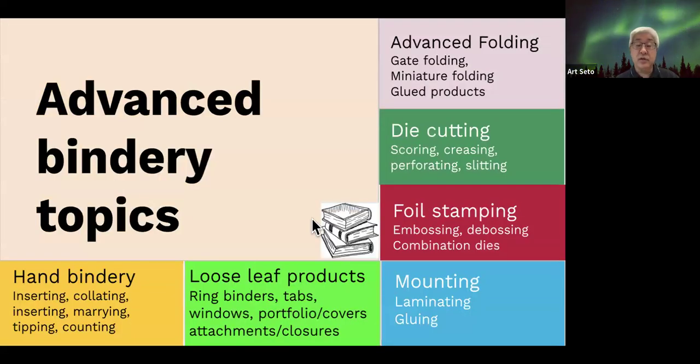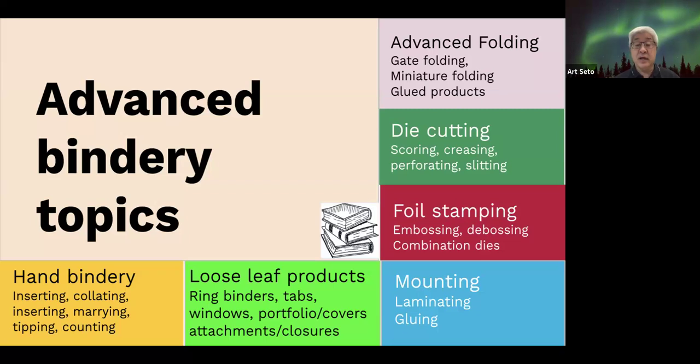Some of the advanced bindery topics include folding, different kinds of folding. A folder can be used for many different types of applications, including scoring and perfing and gate folding, miniature folding, producing glued products. We'll take a look at that. We'll look at die cutting.